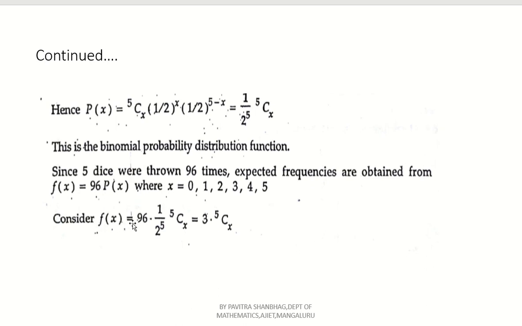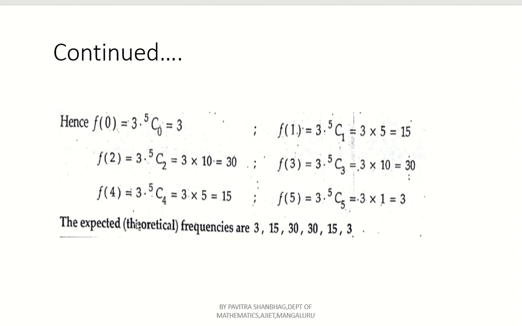So what is f(x) here? 96 into 1 by 2 power 5 into 5Cx, that is 3 into 5Cx is the standard one. Now when x equal to 0, 3 into 5C0 is 3. Next when x equal to 1, you will get 3 into 5C1, that is 3 into 5 equal to 15. Next f of 2, 3 into 5C2 equal to 3 into 10, that is 30.